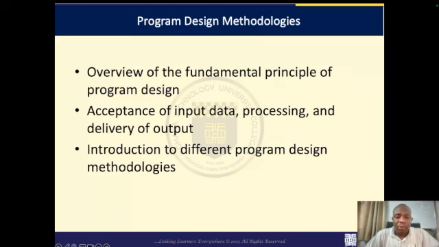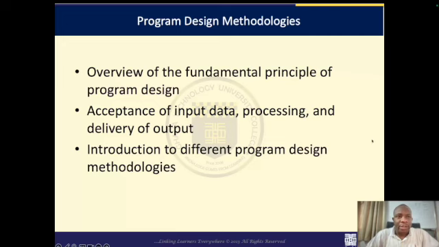There are different approaches that are used in designing a program. Three of the approaches will be discussed in this particular lecture. The first one is the procedure-driven approach. We will talk about the event-driven approach, and then we will discuss the data-driven approach.